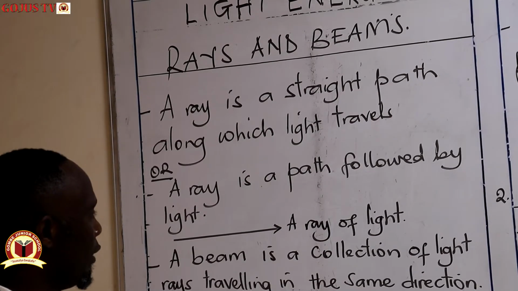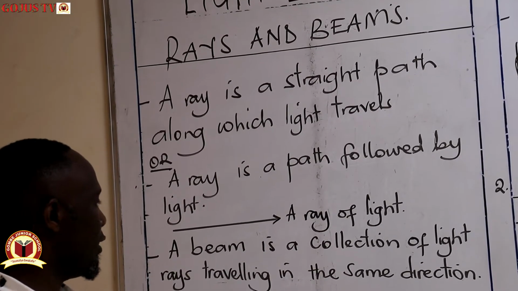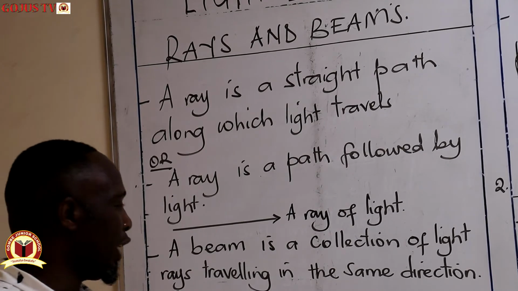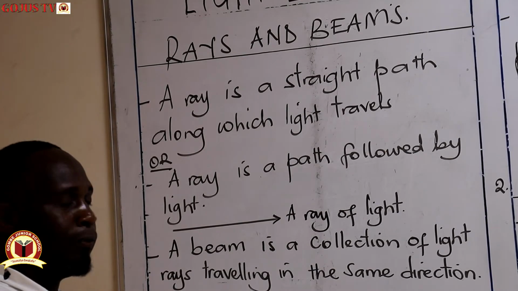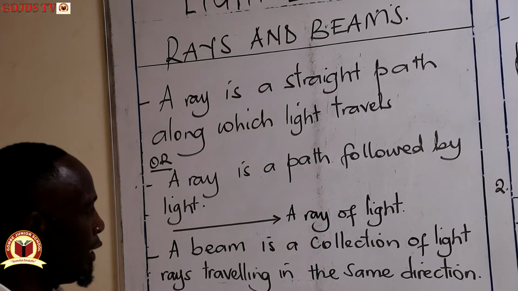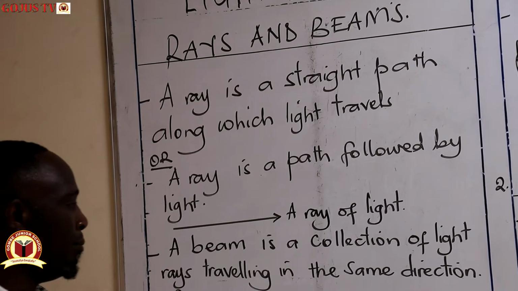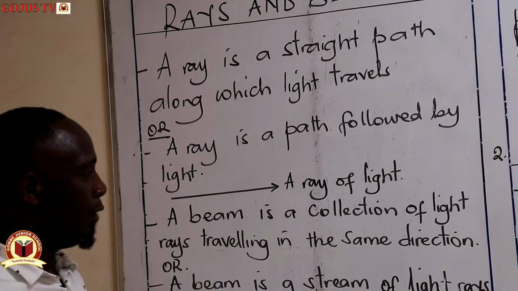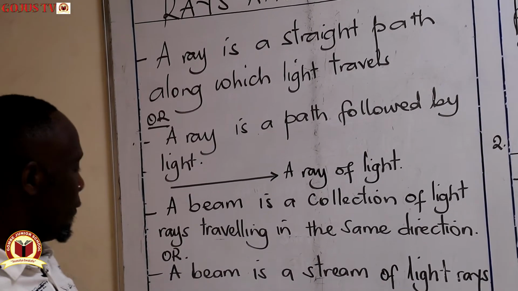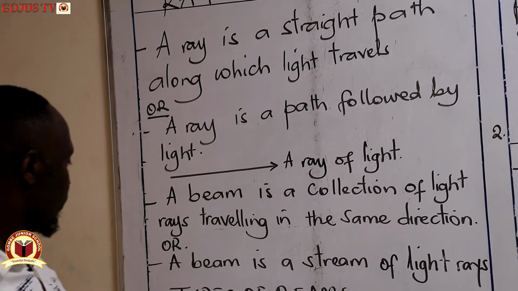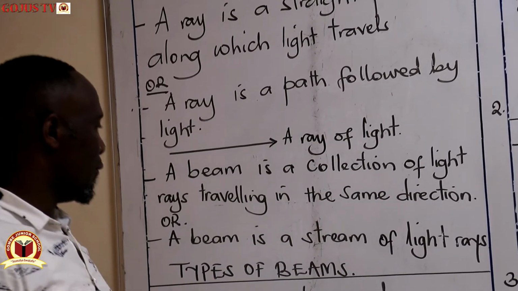Then a beam is a collection of light rays traveling in the same direction. Rays which are traveling in the same direction collectively are known as a beam. Or we can say a beam is a stream of light rays. We have different types of beams, three of them.